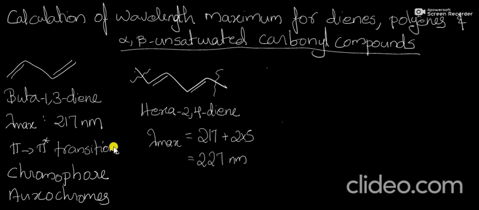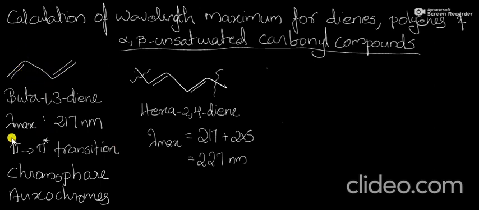So compounds with a greater extent of conjugation will have their lambda maximum shifted to the near UV region or even the visible region. For example, this is a conjugated compound, buta-1,3-diene.